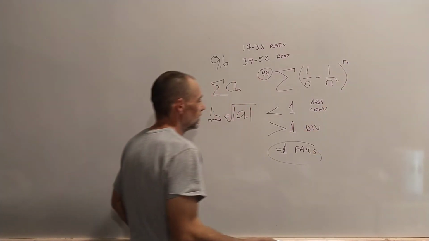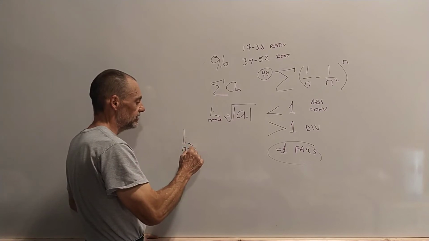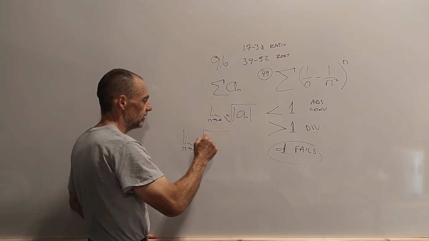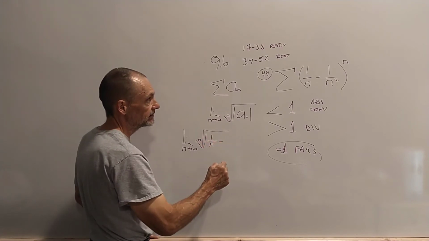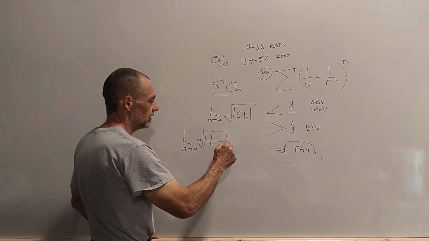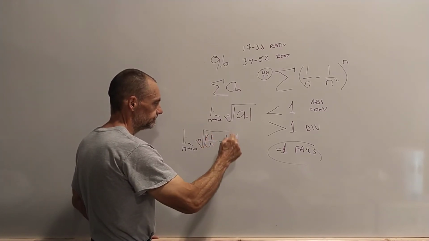So to do this, what would we do? We would take the limit as n approaches infinity of the nth root of the absolute value of (1 over n minus 1 over n squared) to the n power.